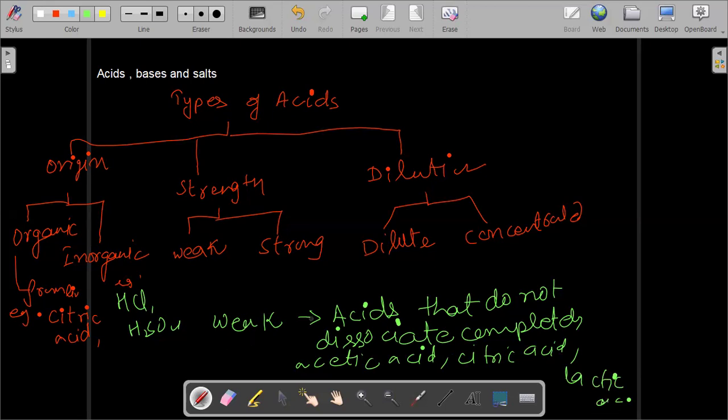H2CO3 or carbonic acid is also a weak acid. They do not dissociate completely into their ions. Whereas strong acids are the acids which dissociate almost completely into their ions. So strong acids can be considered as HCl, H2SO4, nitric acid.